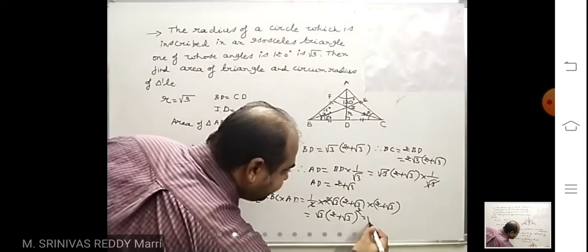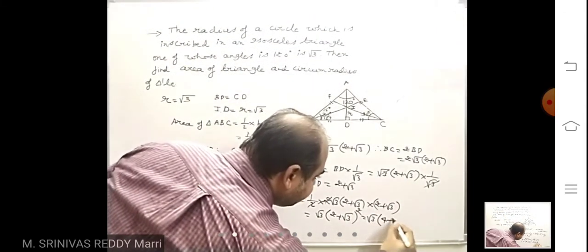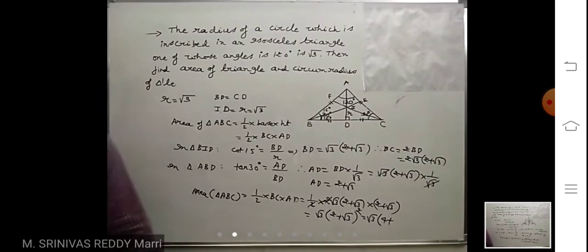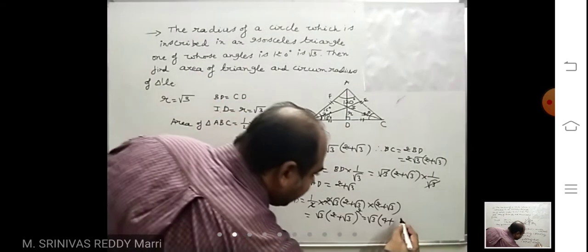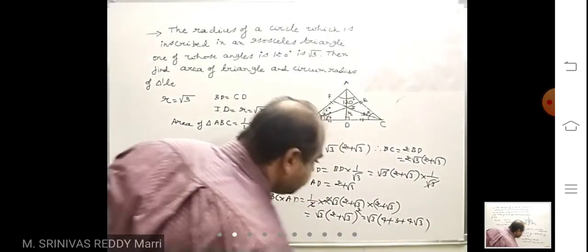If we expand a plus b whole square, this you will get a square is 4. So this is 4 plus 3 plus 2ab means 4 root 3.